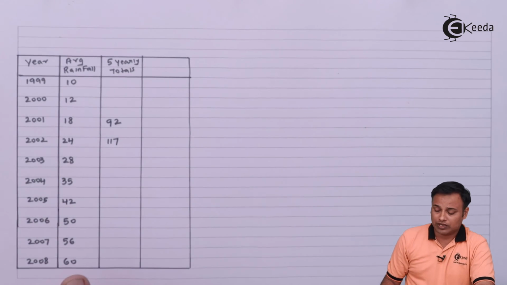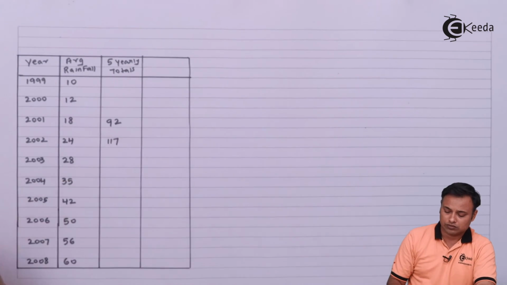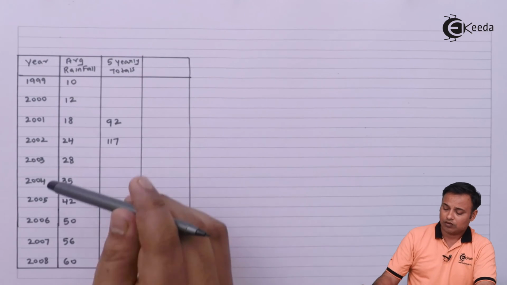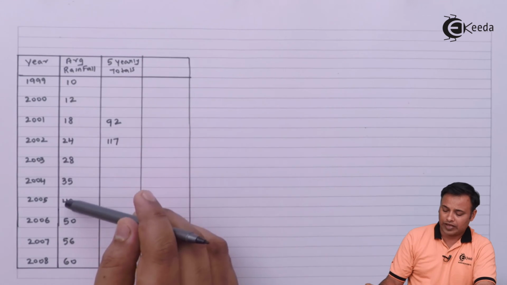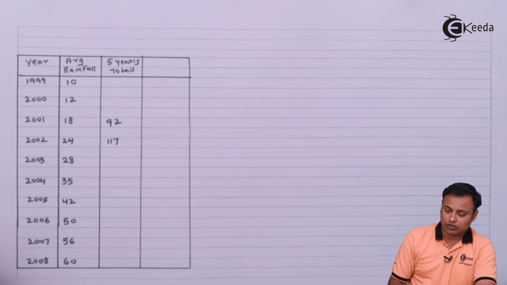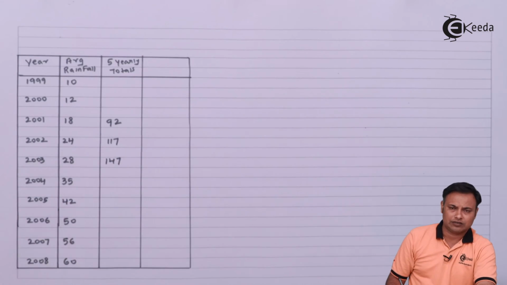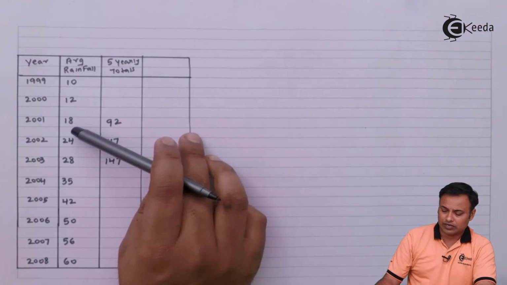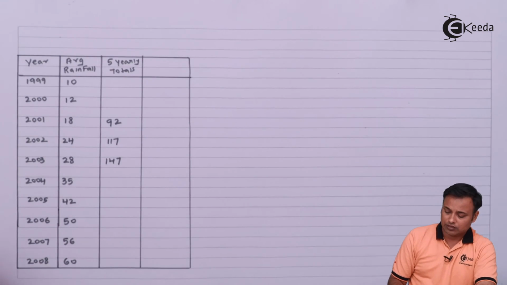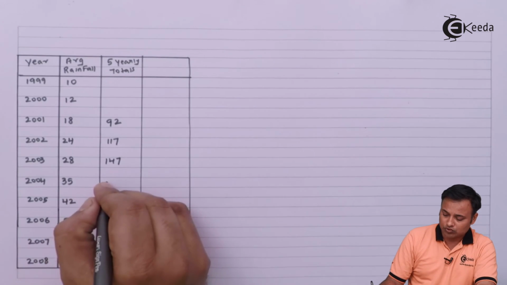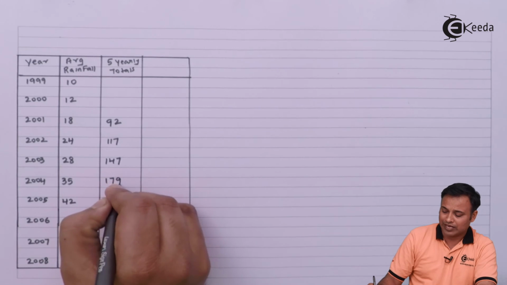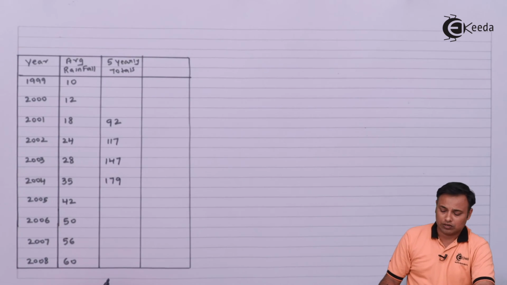Again I will ignore the rainfall for the year 2000 and add 42 as one of the figures. So this will become 147. Next I will subtract 2001, that is 18, and I will add 50, which comes to 179 as the total.